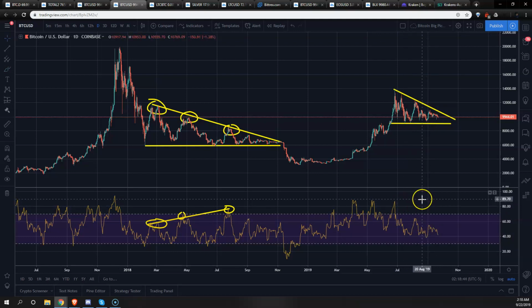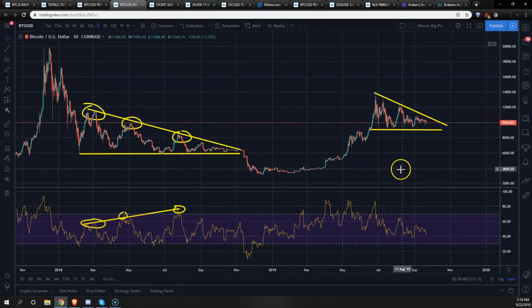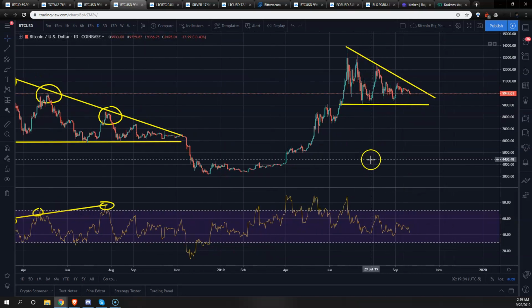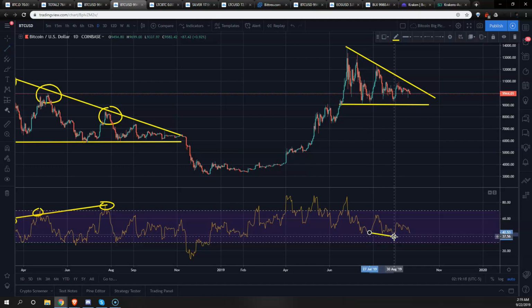However, we do have a divergence, and it's a bullish divergence, okay? What's called hidden bullish divergence. And what hidden bullish divergence means is your RSI or your oscillator, your indicator, whatever you're using, is making a lower low, for example like right here, while at the same time your price is making a higher low, like right here, okay?